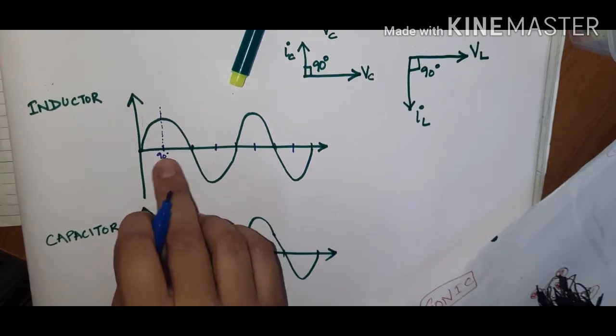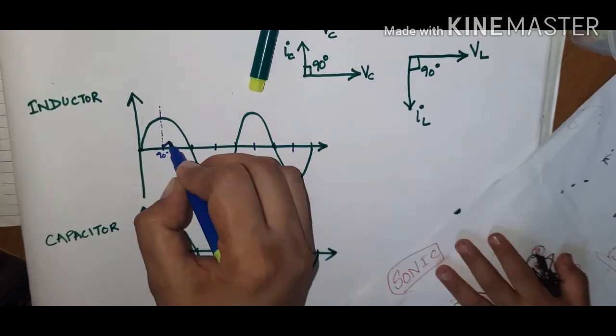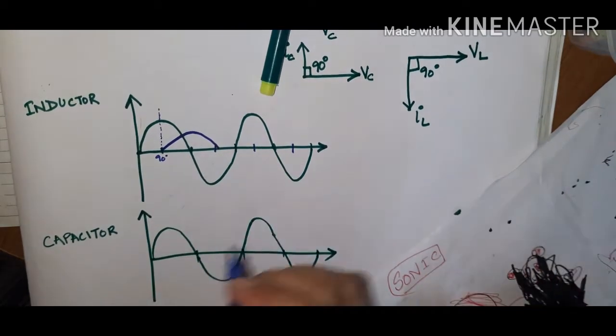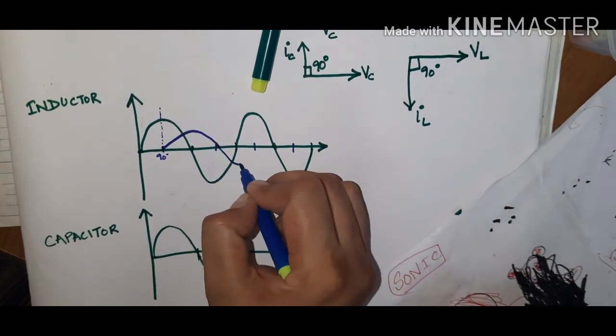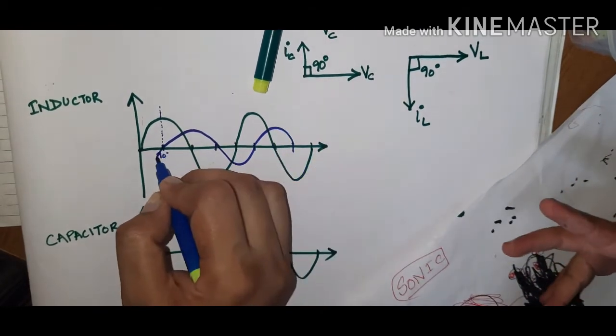Advancing 90 degrees further, at 180 degrees, the current waveform is going to obtain its maximum value. So this is how you are going to draw this particular waveform. It is over here.